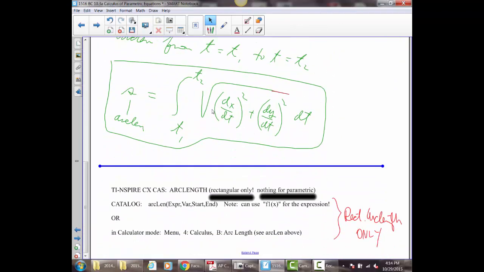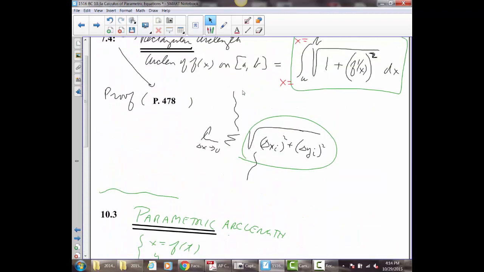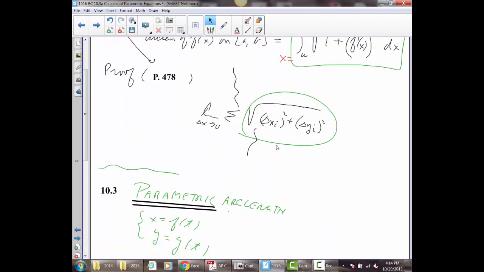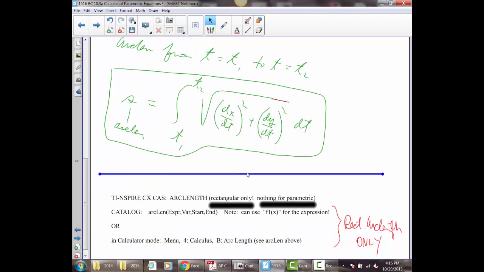If you work through that using the same process, and I'm not going to do that here, at one point during the proof you had the square root of dx/dt all squared plus the square of dy/dt. It should look familiar. It's a distance formula, the square root of x2 minus x1 squared plus y2 minus y1 squared.